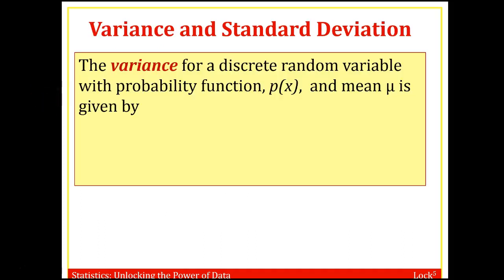Okay, so we're going to spend a lot more time in Chapter 2 talking about what variance and standard deviation actually mean. For right now, before we get into the formula, the basic idea of a variance, and the same with standard deviation, is that it's a way to measure the spread of your data, or in this case, the spread of your variable. How far spread is it?